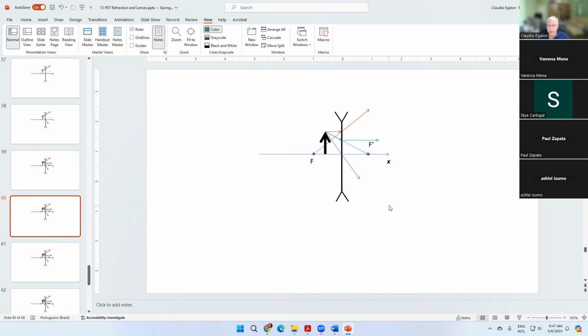Now all those rays are converging towards the same position. That's where the image is formed. And you get that all the time, no matter what the position of the object is with respect to this lens. Even if the object is further away from the focal point, you're still going to get an image that is virtual. Okay?